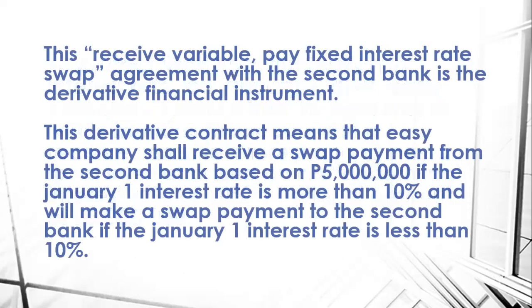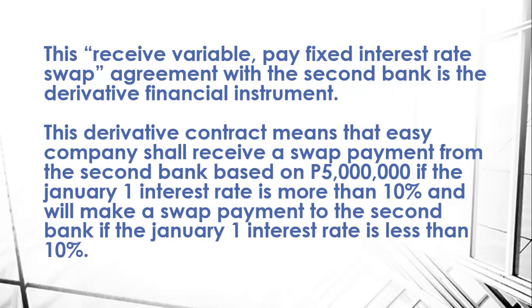This receive-variable, pay-fixed interest rate swap agreement with the second bank is the derivative financial instrument. This derivative contract means that EC Company shall receive a swap payment from the second bank based on 5 million if the January 1 interest rate is more than 10% and will make a swap payment to second bank if the January 1 interest rate is less than 10%.